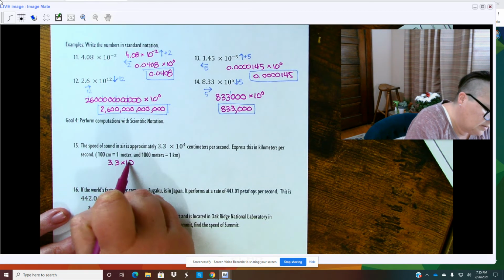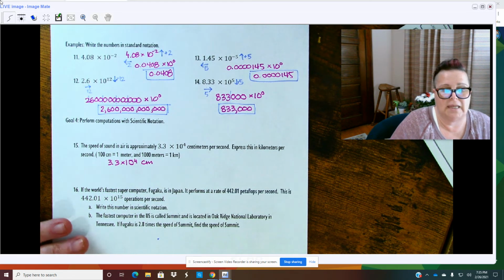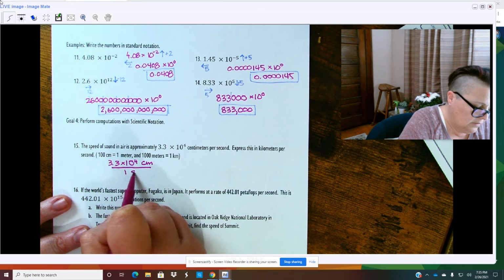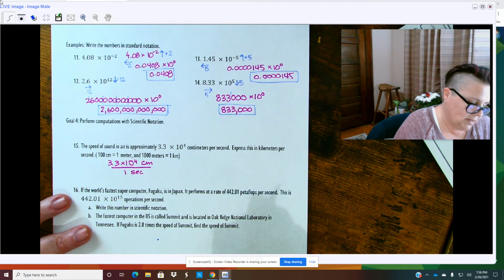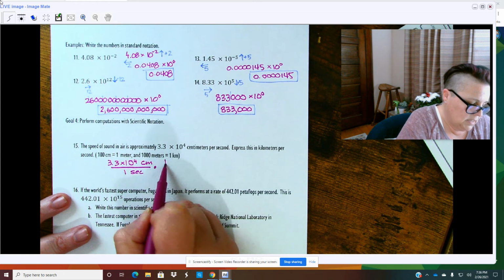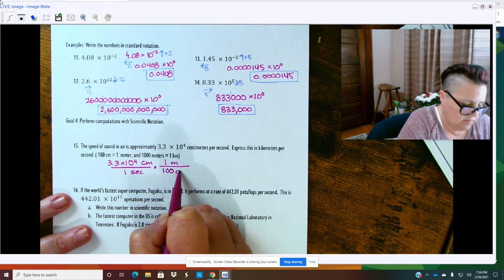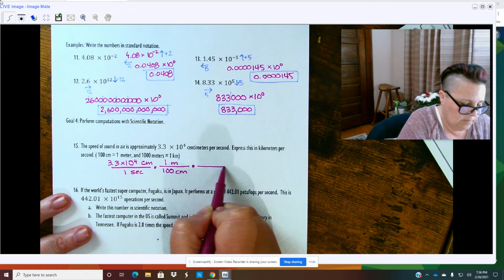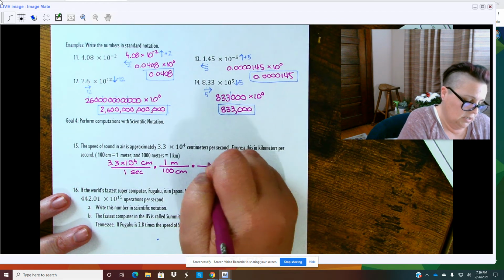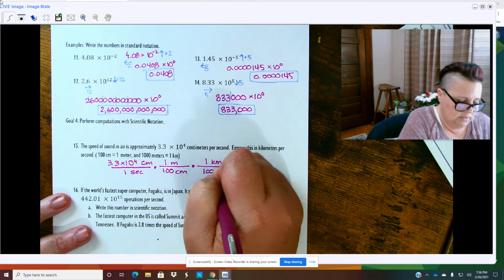So if we have 3.3 times 10 to the 4th centimeters per second, that's centimeters in 1 second. Then we need to express this in kilometers. Well, we know that in 1 meter there are 100 centimeters, and there are 1,000 meters in 1 kilometer.